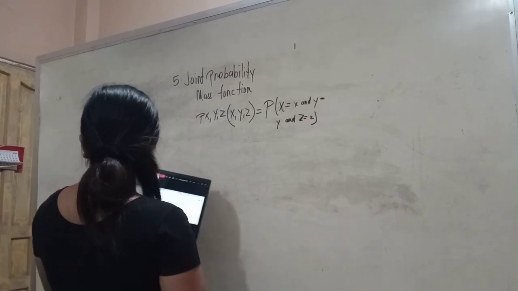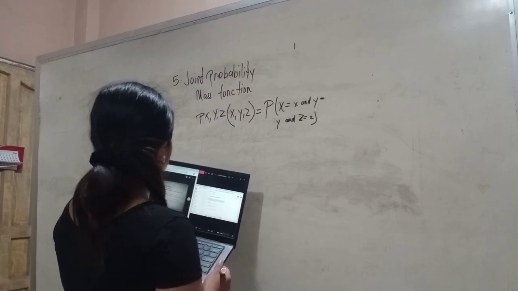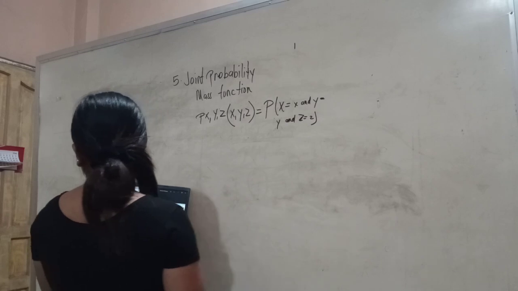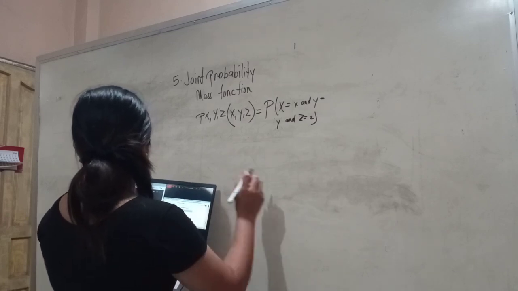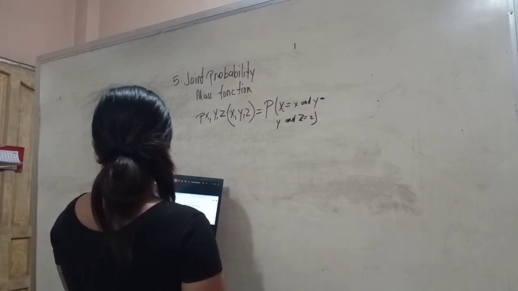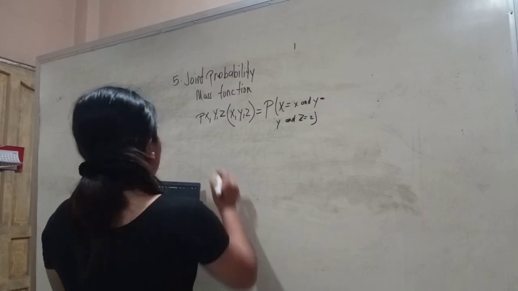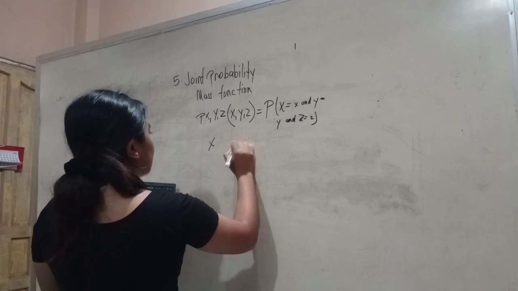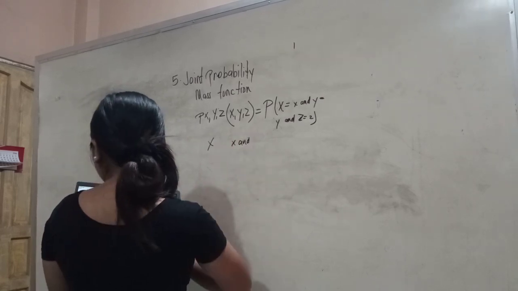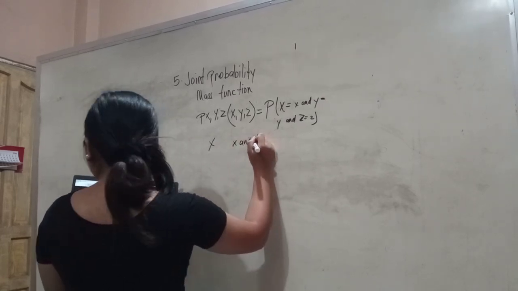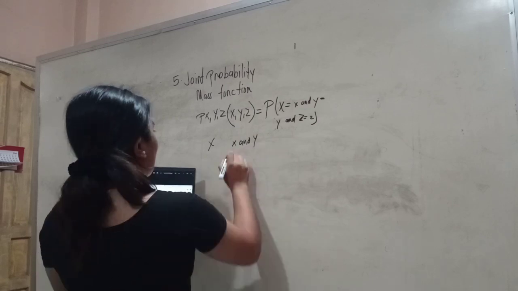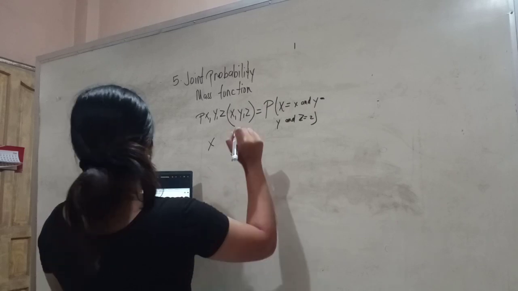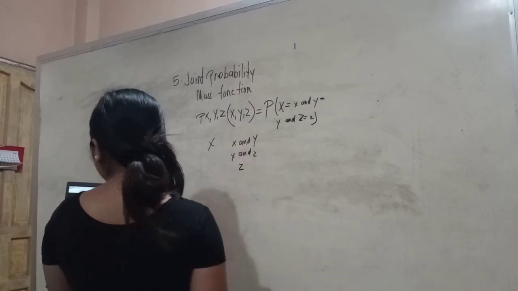So that defines the joint probability mass function for 3 random variables, X, Y, and Z. This gives the probability that all 3 events happen simultaneously: X takes the specific value x, Y takes the specific value y, and Z takes the specific value z.